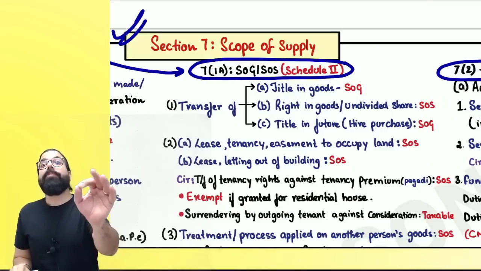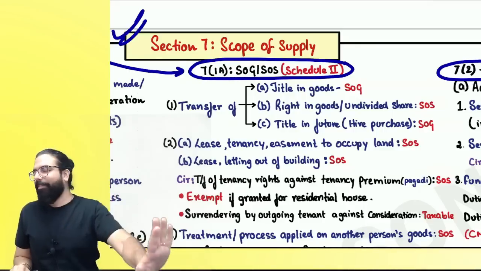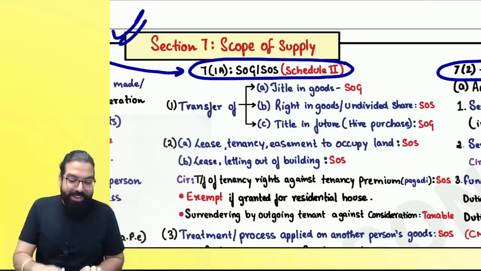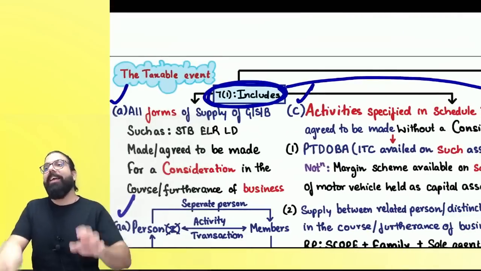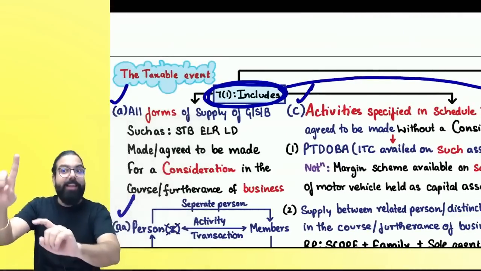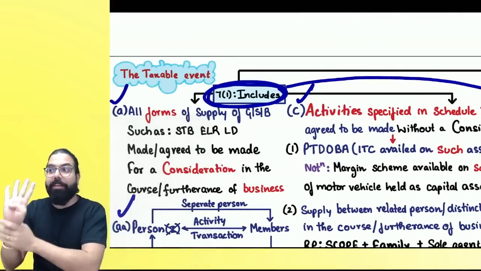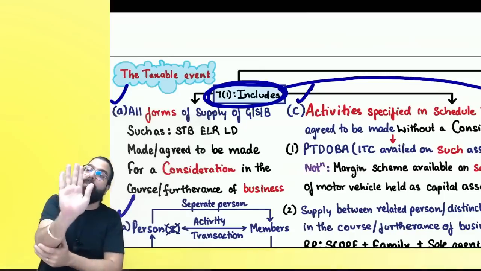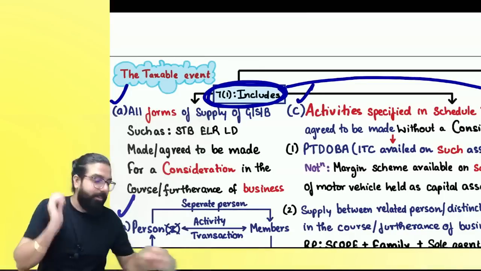Everyone over here now. So if something is falling in section number 7.1, A, B, or C, it will be a supply. Now, if it is a supply, you have to go ahead and further see whether it is supply of goods or supply of service.